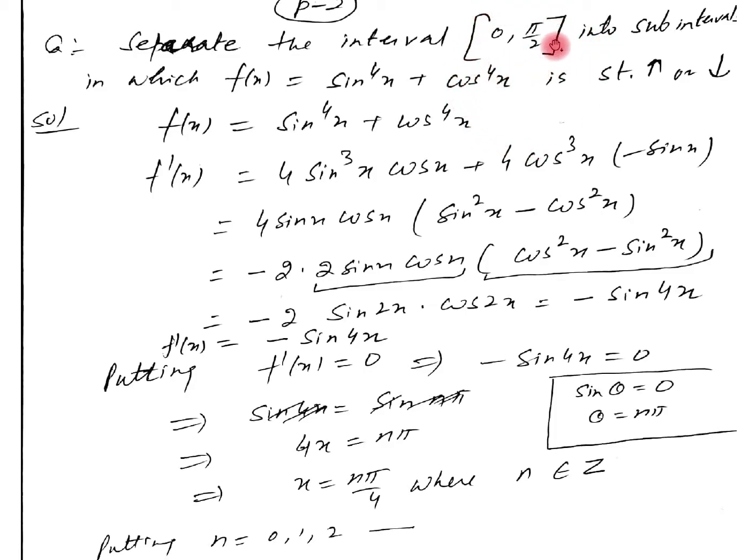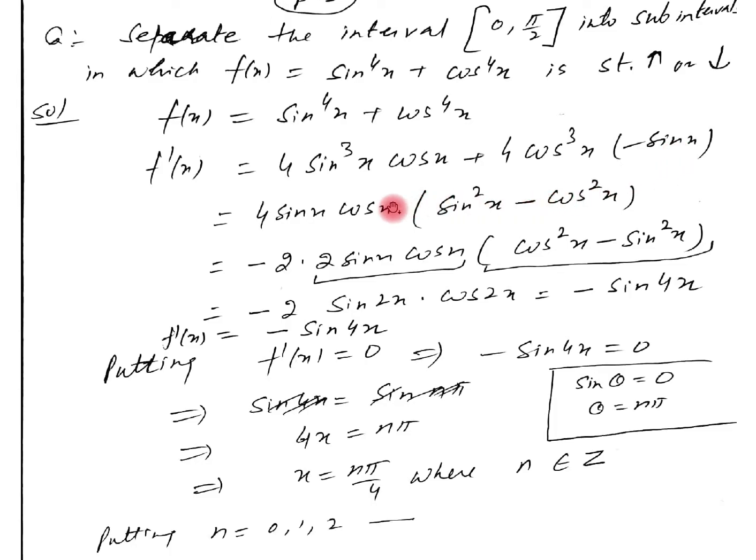We have to make the sub-intervals in which the function is strictly increasing or strictly decreasing. Now here f(x) equals sine raised to power 4 x plus cos raised to power 4 x. Let us differentiate it and find f dash x. Then it is 4 sine cube x into the derivative of sine, which is cos x, plus 4 cos cube x, and again the derivative of cos is minus sine x.